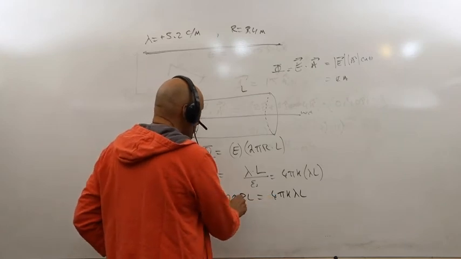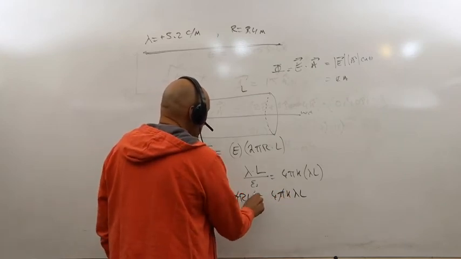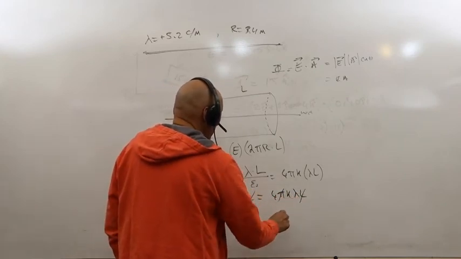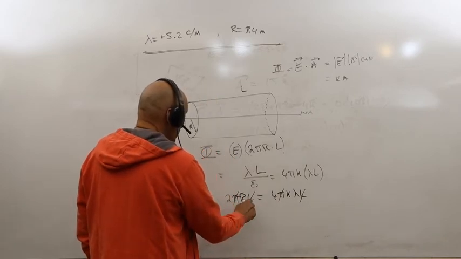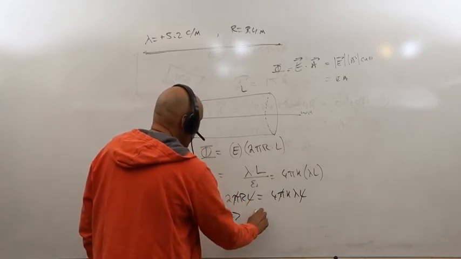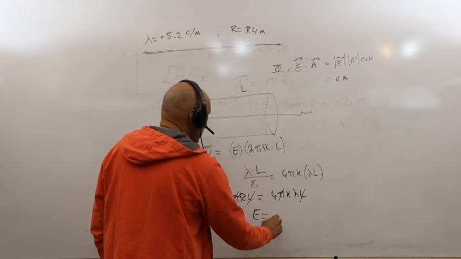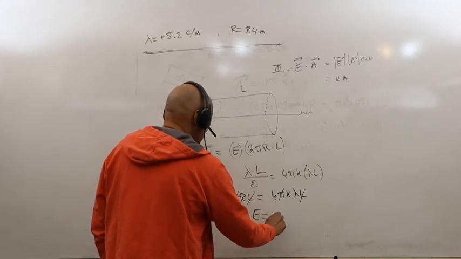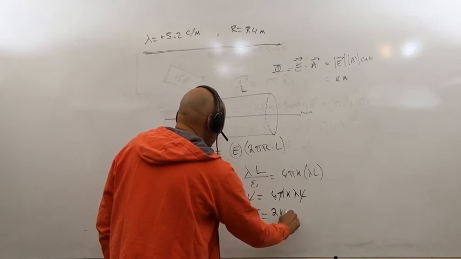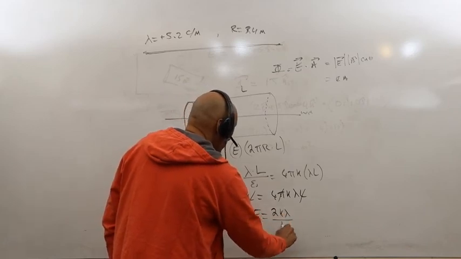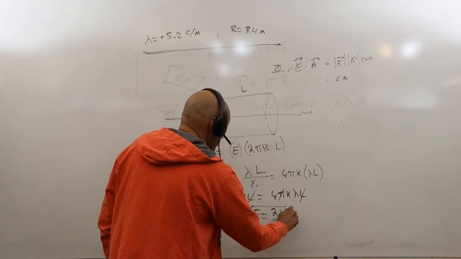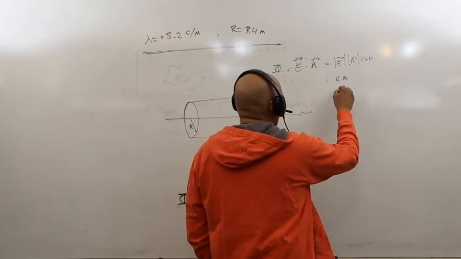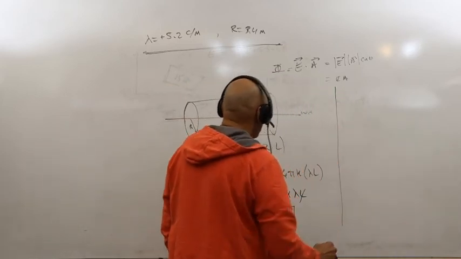And so we can cross out the pi's, we can cross out the L, and we can divide by 2 on one side, and we get that the electric field E is given by 2k lambda over r. That's the electric field. Remember, I don't expect you to memorize equations.